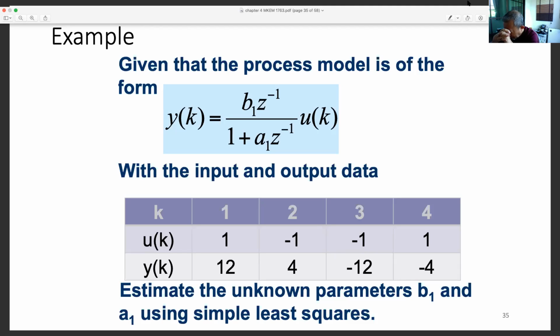Our target is to estimate the values of A1 and B1. The data given here: k is the sequence number 1, 2, 3, 4, u k is the input, y k is the output, with the values given there. Estimate the unknown parameters B1 and A1 using simple least square.